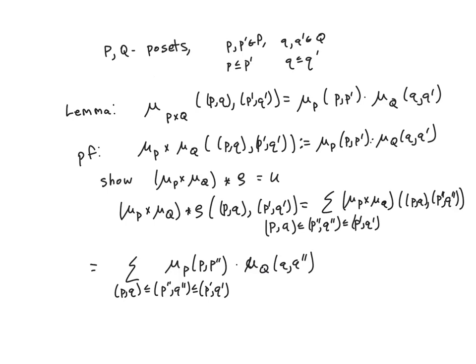And similar to how I chose to prove the Möbius function formula for the Boolean poset, my approach is going to be similar. I'm going to define the thing on the right-hand side. So I'm going to define it as a function, μ_P × μ_Q, applied to a pair of ordered pairs, so elements in P × Q. I'm going to define it to be the product of μ_P(p, p') times μ_Q(q, q').